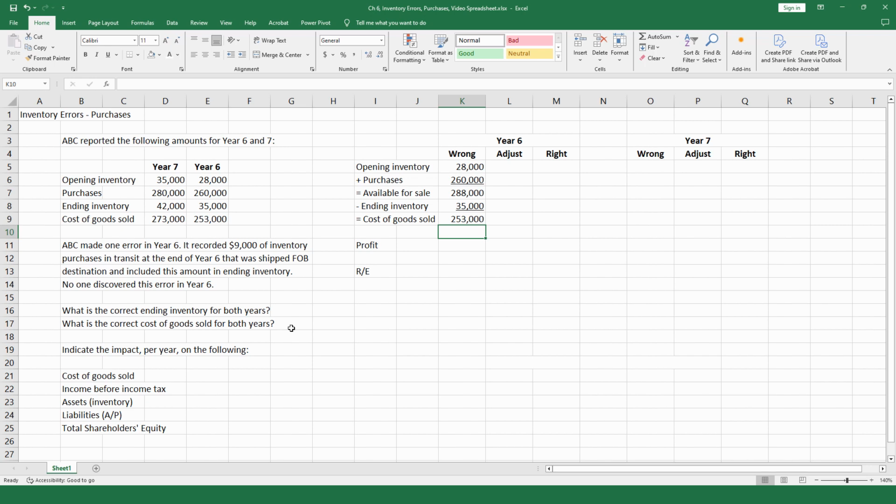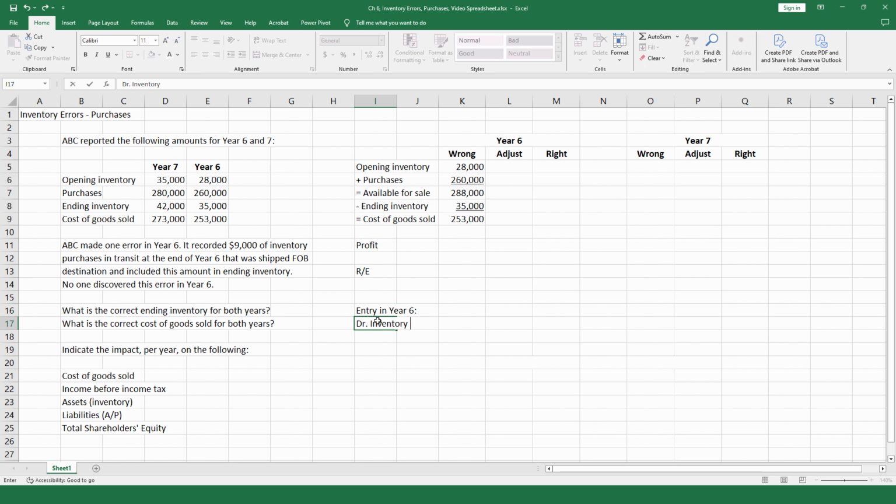Now, keep in mind that there's an error in here. I know that ABC made one error because they recorded the $9,000 of inventory purchases that were in transit at the end of year 6 as inventory, but they were shipped FOB destination, so ownership didn't transfer until it arrived at the customer's door. So the entry that they made was a debit to the inventory.